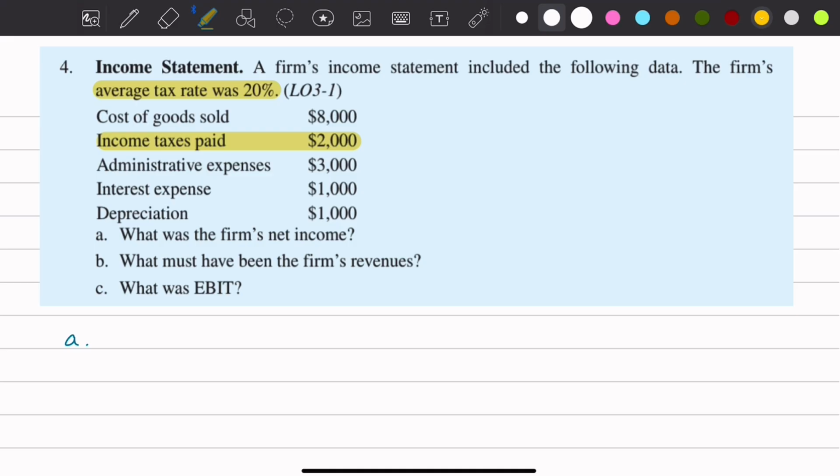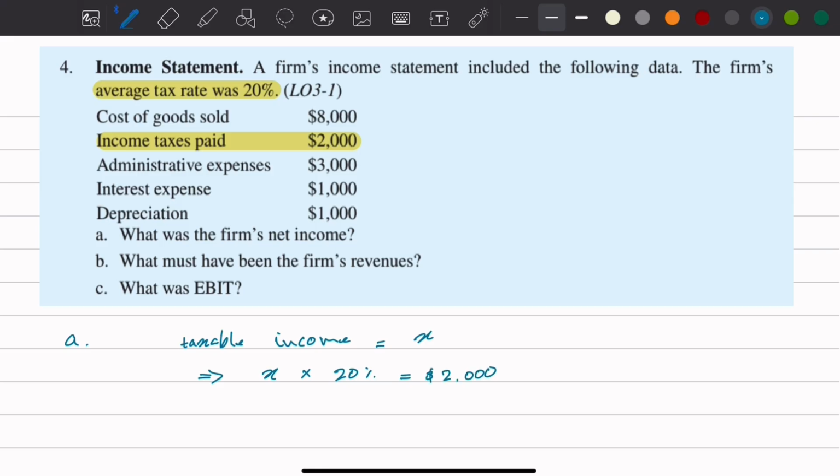So if we assume that the taxable income for the company equals X, then X multiplied by 20% is going to equal $2,000, right? The taxable income multiplied by the tax rate would equal the amount of tax that the company paid, right? Then we can play around with this formula to find X, which in this scenario represents our taxable income.